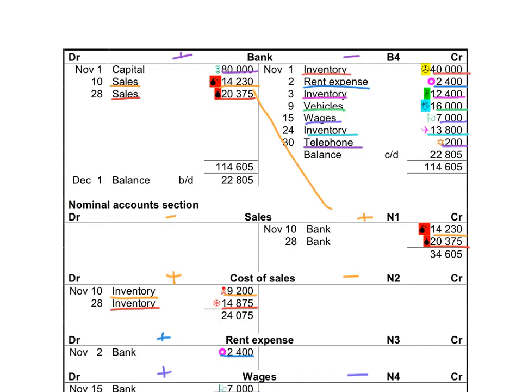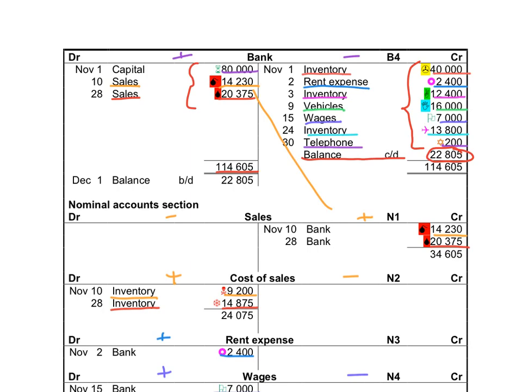We will add up the amounts on the debit side of the bank account to get the total, and then we will subtract all the amounts on the credit side to determine the difference between the debit and credit side, and that will give me 22,805. That is entered above the total because that is the balance that will be carried down to the next financial year or the next month.